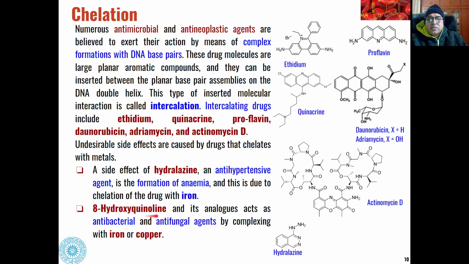Similarly, 8-hydroxyquinoline and its analogs generally act as antibacterial and antifungal agents, but they can form a complex with the iron or copper present.